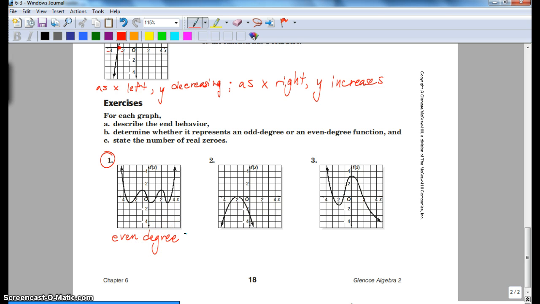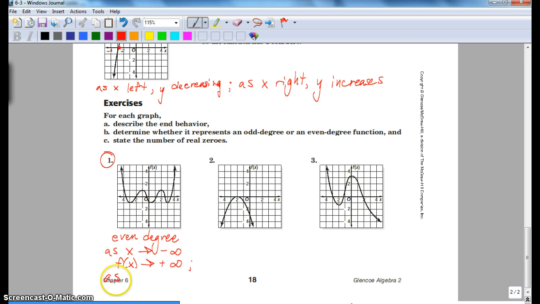As far as the end behavior of this particular function, because it's an even degree, and because we can really just see where the arrows are pointing, we can say as x goes to the left, in other words, negative infinity, f of x, look at the graph, as x goes left, y goes up, or positive infinity.